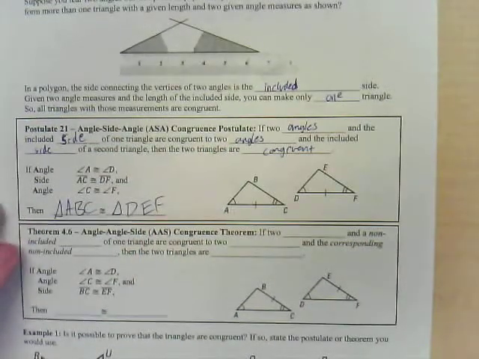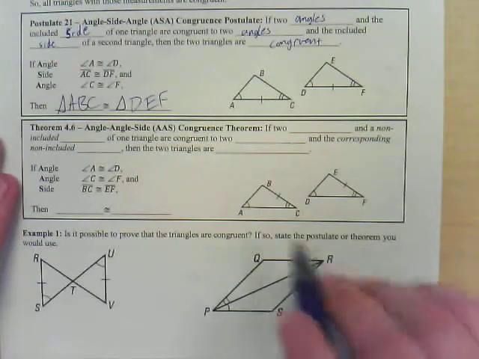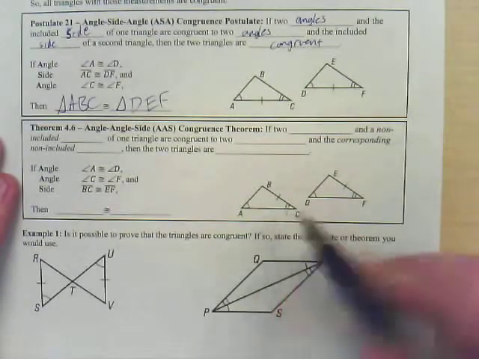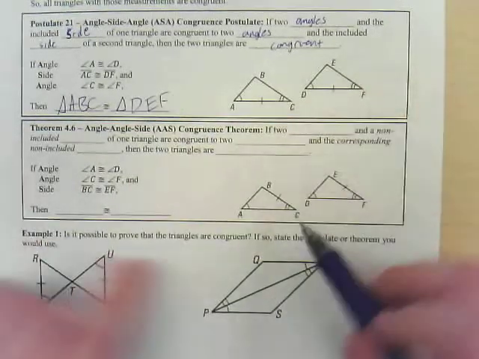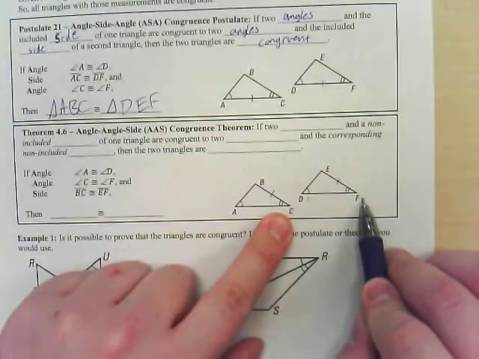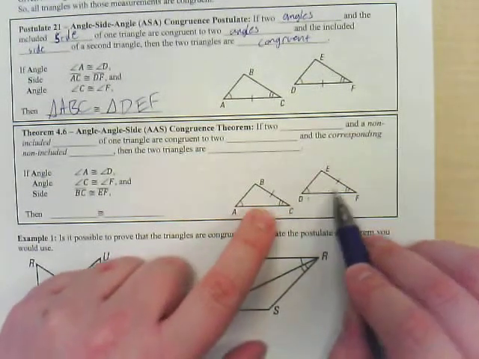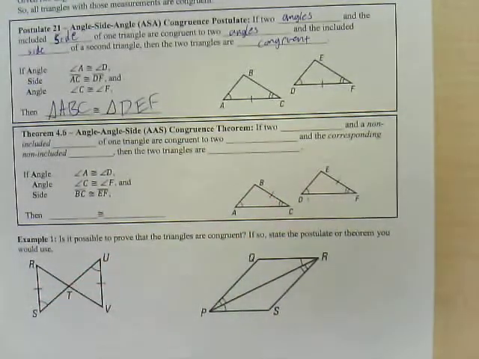The last congruence that we're going to look at is called angle-angle-side congruence, and this is where you have two angles and a non-included side. So we've got, again, these two angles are congruent to each other, these two angles are congruent to each other. Now these sides would be the included side, so what we have here is a side that's not included, and that's okay. That's still enough information to say that the triangles as a whole are congruent to each other.